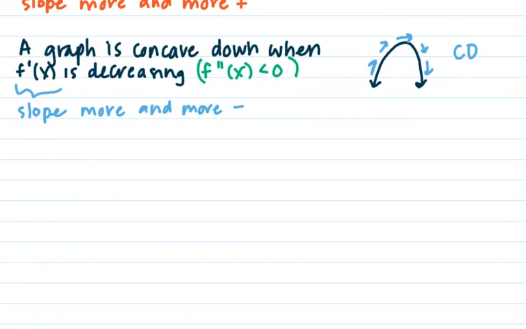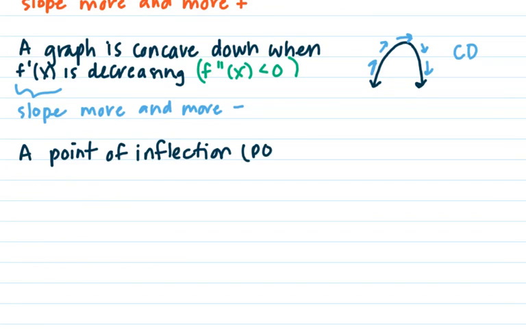Okay? So the next definition we have to go through here is what's called a point of inflection, which we abbreviate POI in a lot of cases.